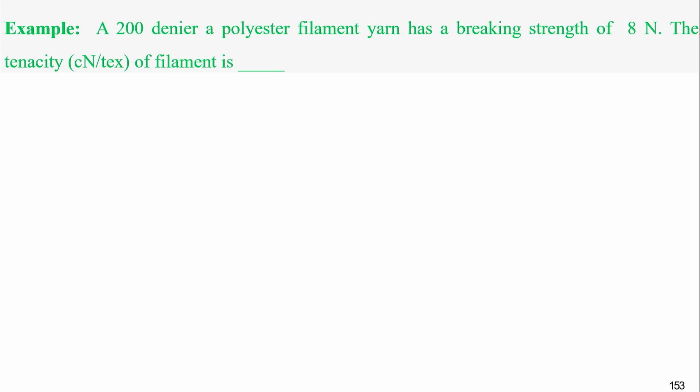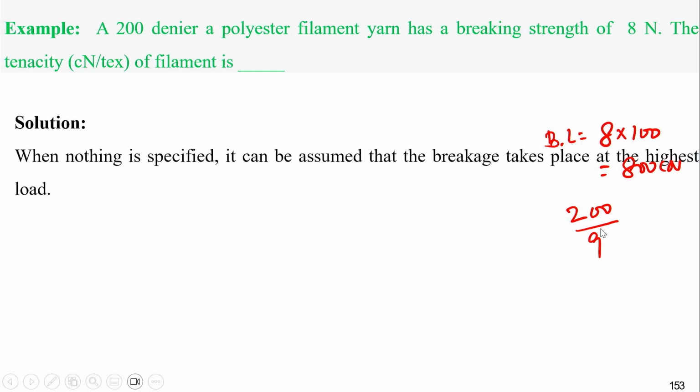Now, we have to calculate the tenacity of the filament in centinewton per tex. Here 8 Newton is given, so first we calculate centinewton. It becomes 800 centinewton, this is the breaking load, and we have to calculate the linear density, 200 denier. If we divide 200 by 9, it will become the tex. So, from there we can calculate the tenacity.